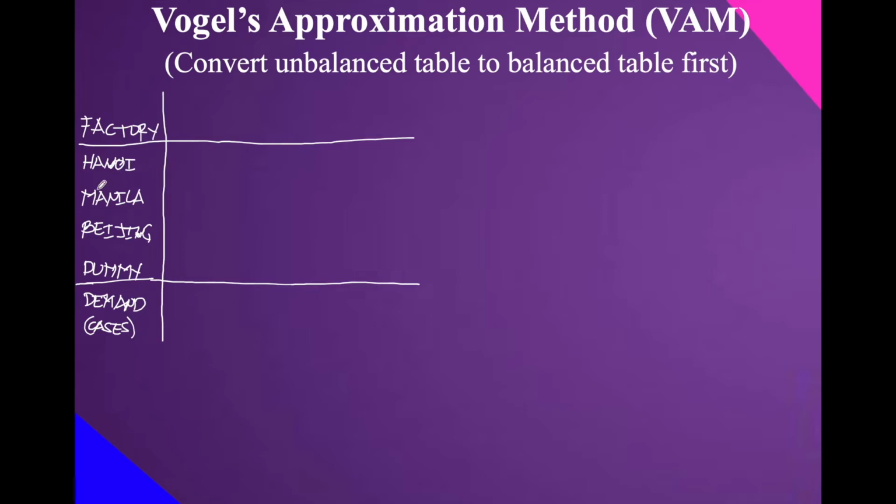Alright, so for our labels on our columns, those are the warehouses. Let's have here the Seoul, the Sydney, and the Tokyo.